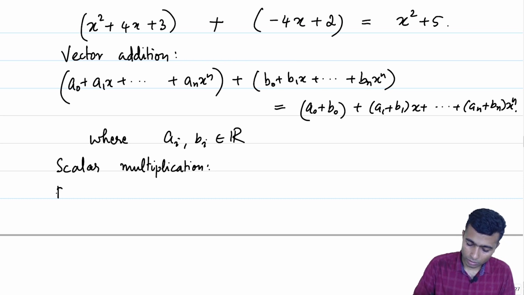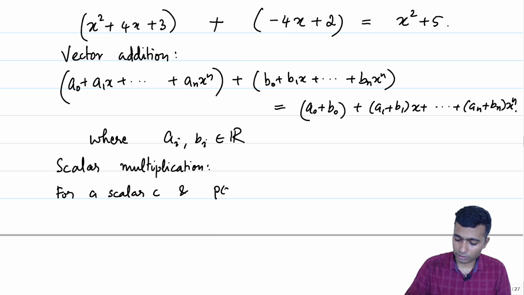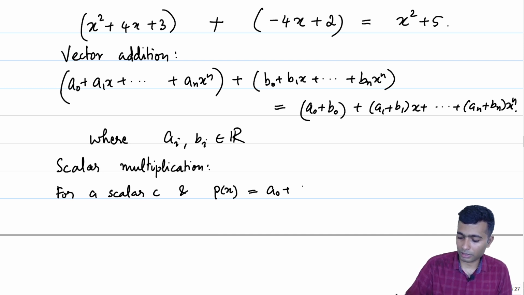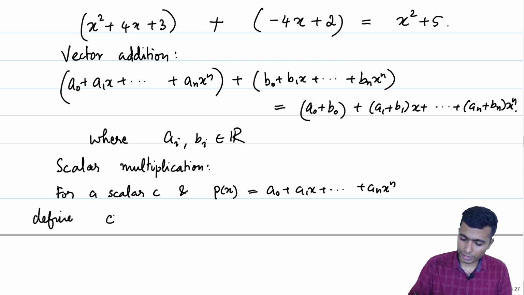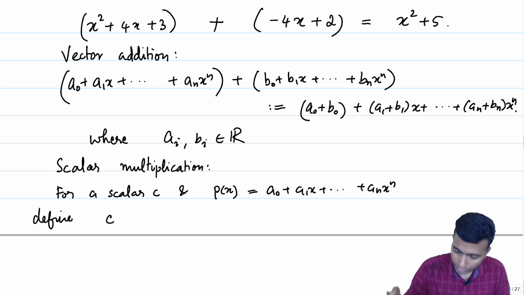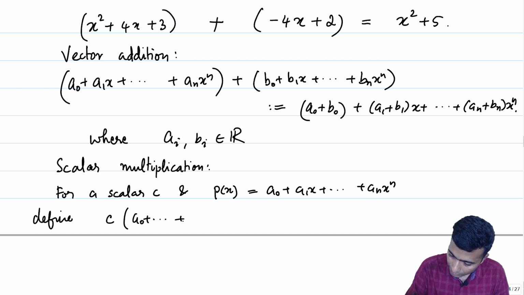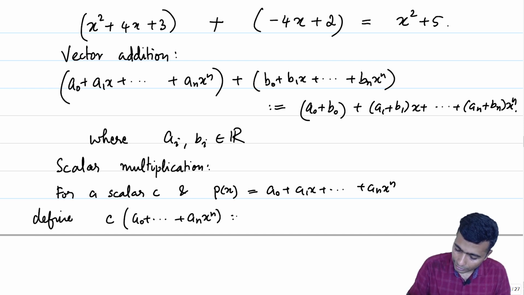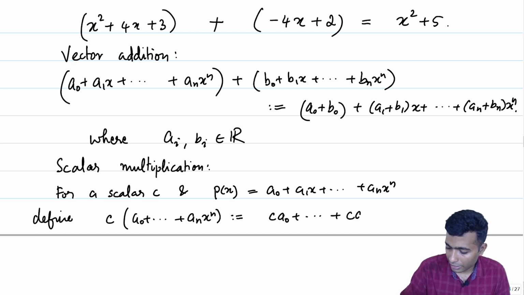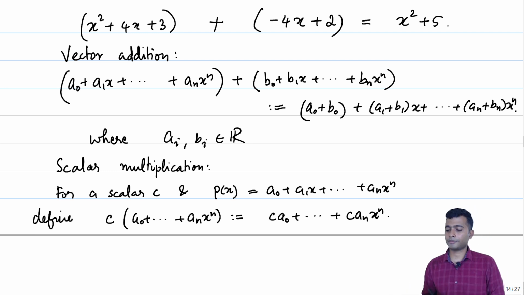So, for a scalar c and p of x, a polynomial which is equal to say a0 plus a1x plus up to an x to the power n, we define c times p of x. Let me put a colon here because we are defining it. Similarly, we are defining the scalar multiplication here. This is defined to be c times a0 plus up to c times an into x to the power n.